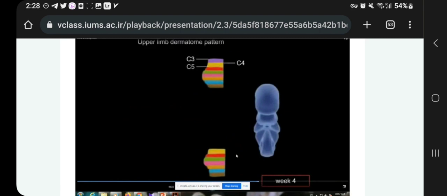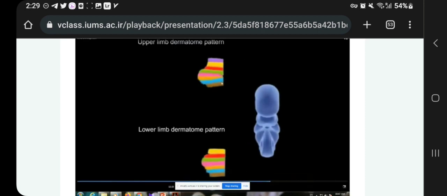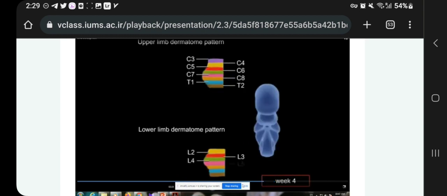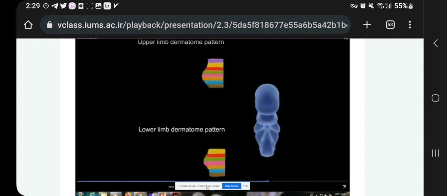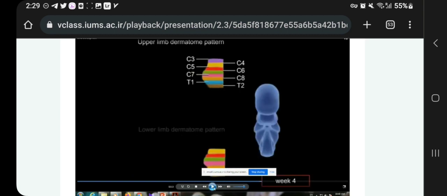But the rotation has an effect on the dermatome. The dermatome is a part of the skin innervated by one nerve. Wait a minute again. Look here. Okay, look here.